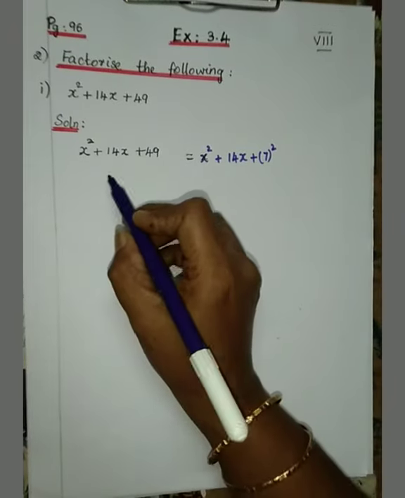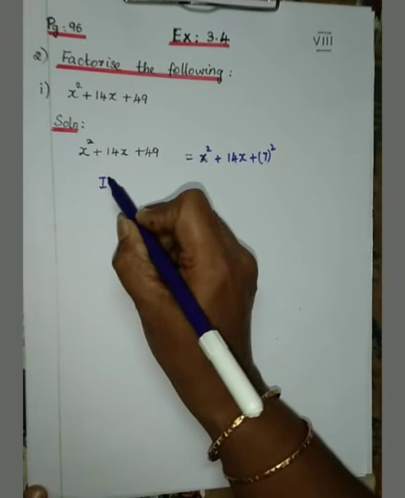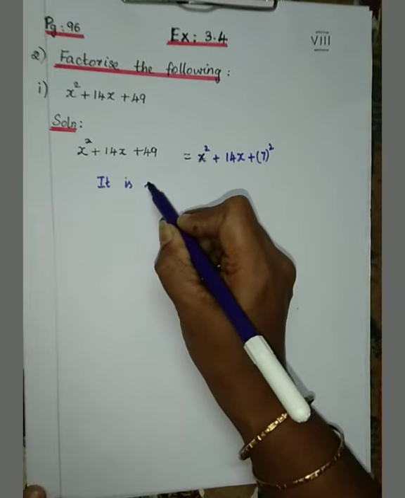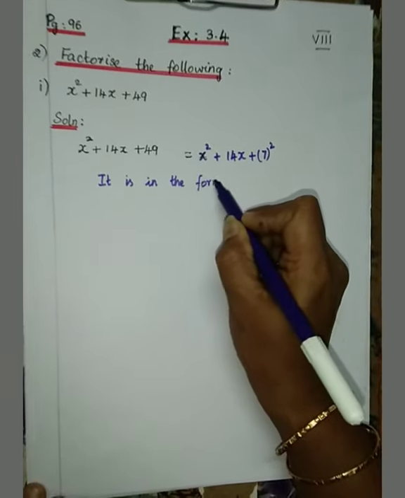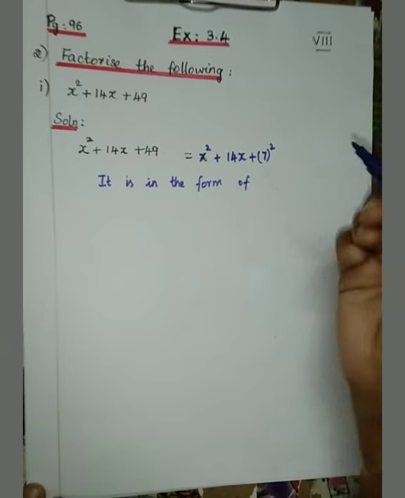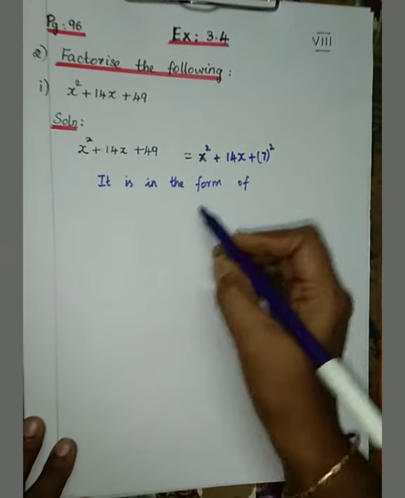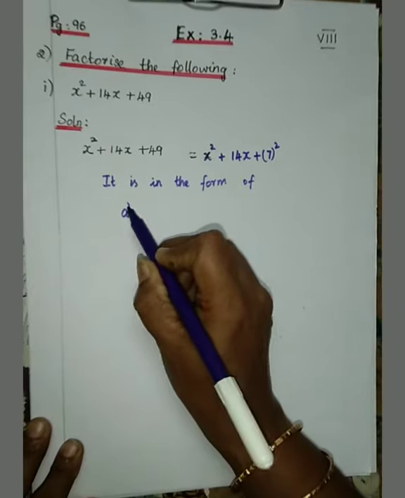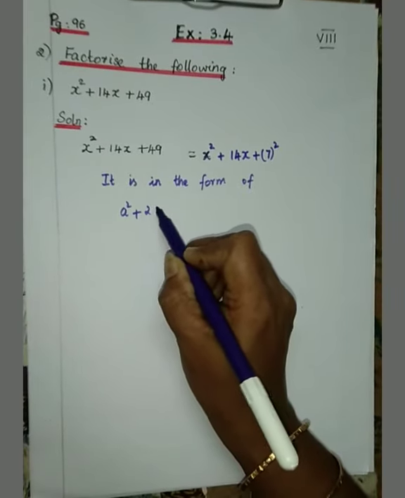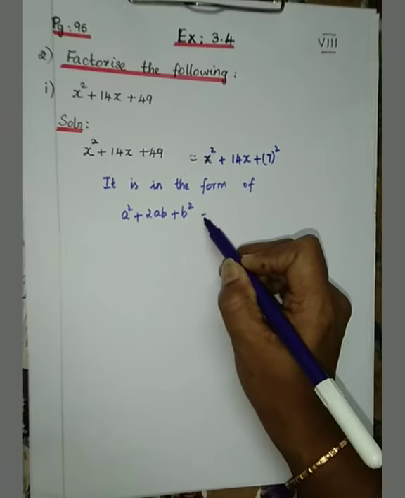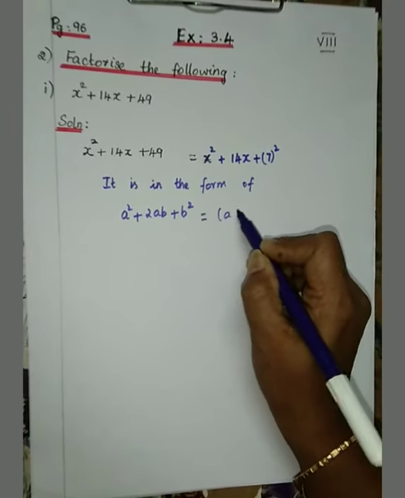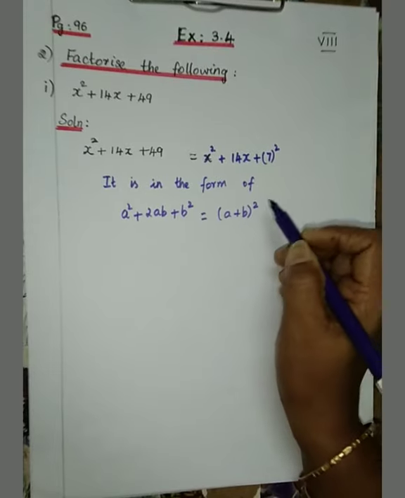Now it is in the form of the identity a square plus 2ab plus b square, so it is equal to a plus b the whole square.